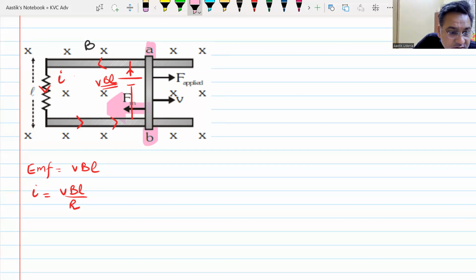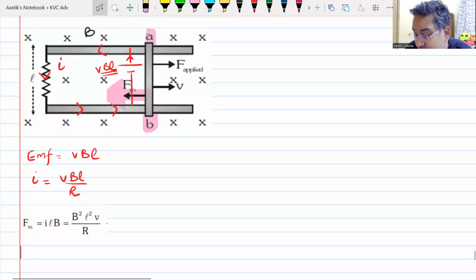Yes, sir. This magnetic force will be equal to I into L into B, and if you find out that value, it will be equal to this one.